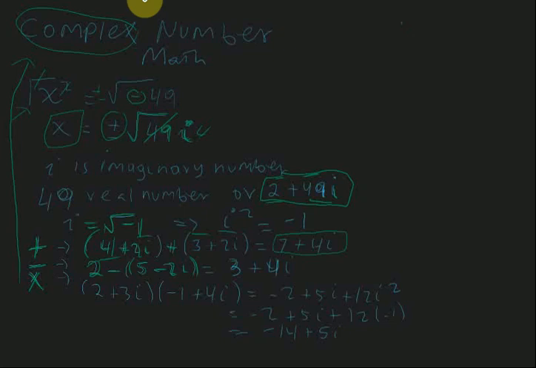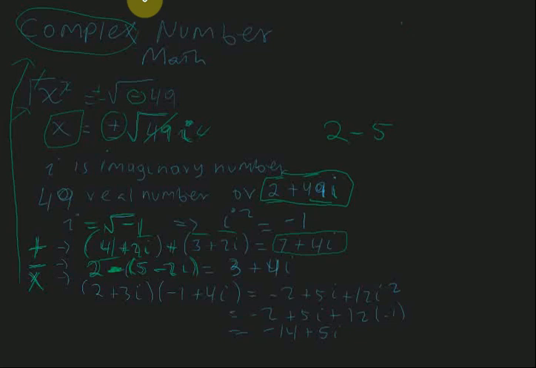Okay, before you add, you have to distribute the negative here. So negative times 5, you will get negative 5.